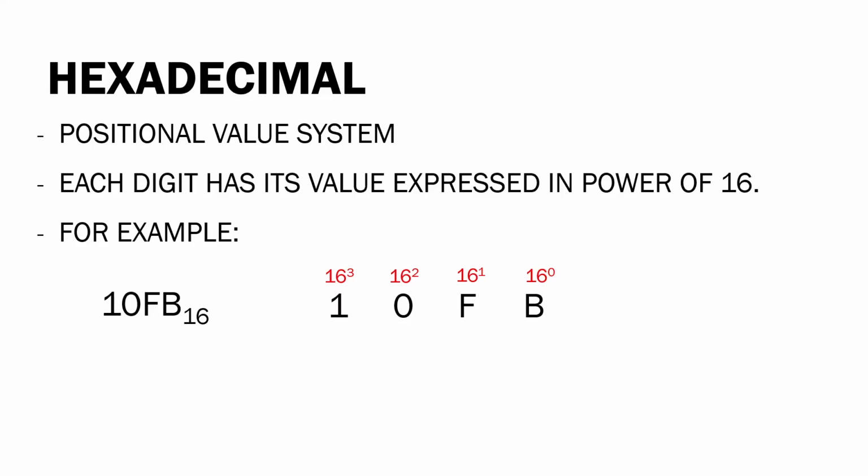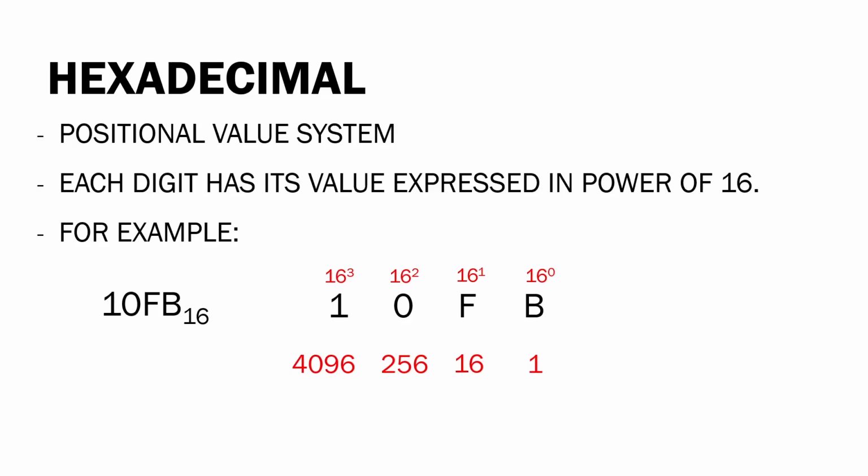And again, any number raised to 0 is equal to 1, so 16 raised to 0 is equal to 1. 16 raised to 1 or 16 times 1 is equal to 16. 16 raised to 2 or 16 times 16 is equal to 256. And 16 raised to 3 is equal to 4096.